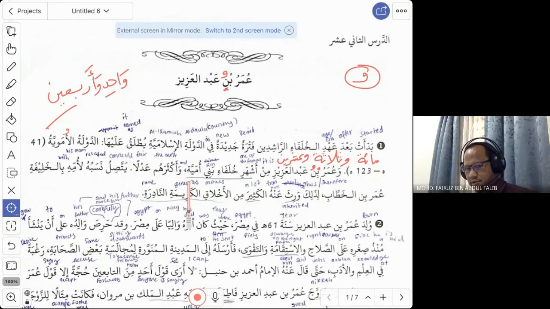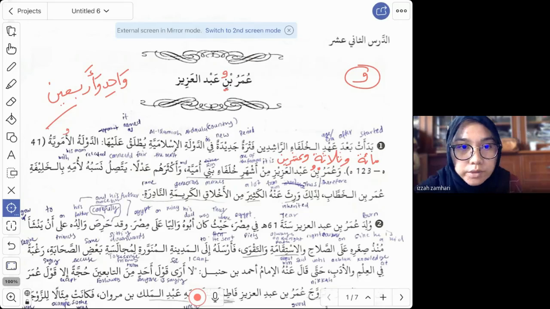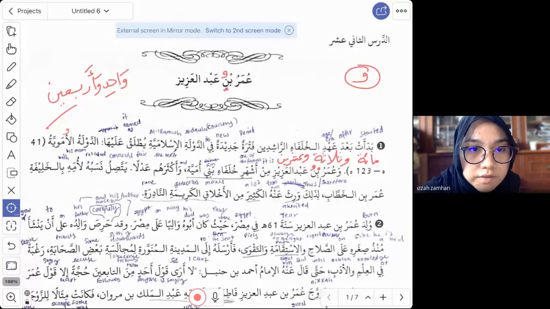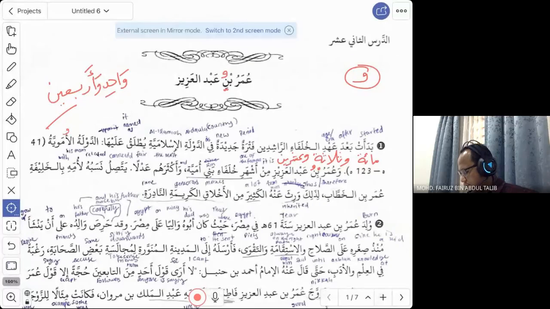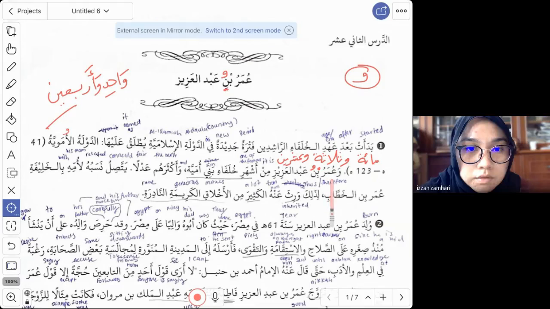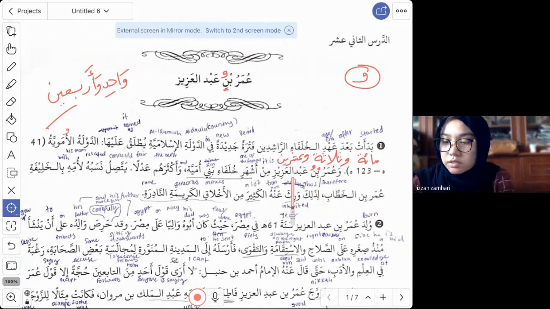Okay, which paragraph is it? We are still in the first paragraph, al-fiqratul ula. Wa Umar ibn Abdul Aziz.